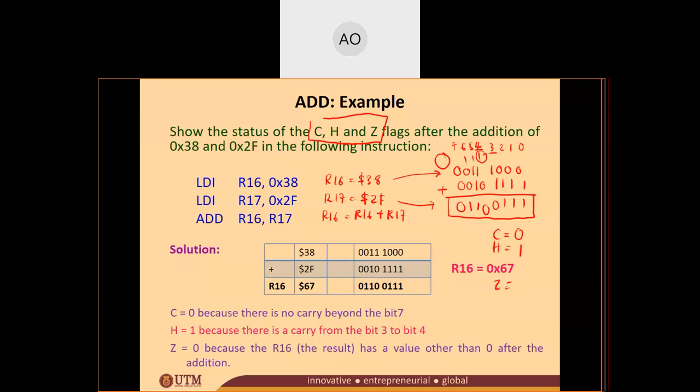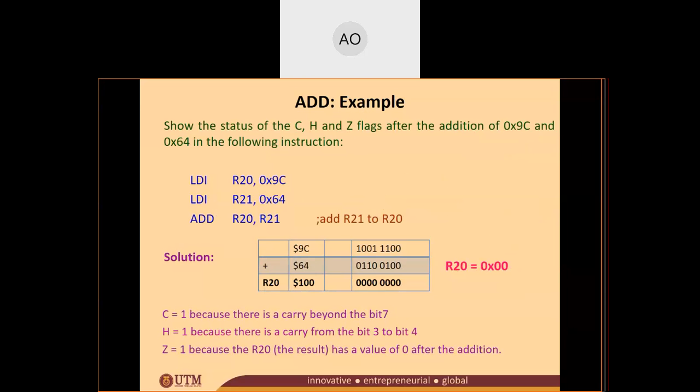In this case, you get a value, so Z becomes 0. When there is no value, meaning the value of R16 is 0, then your Z flag becomes 1. So this is for the ADD.